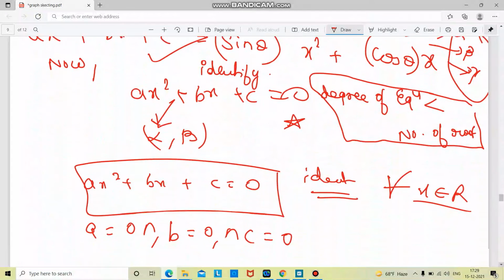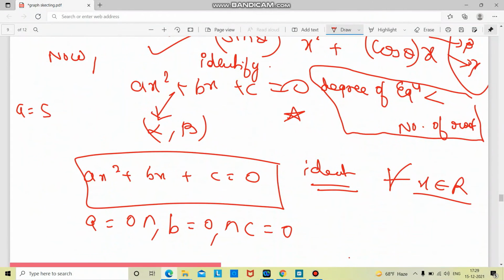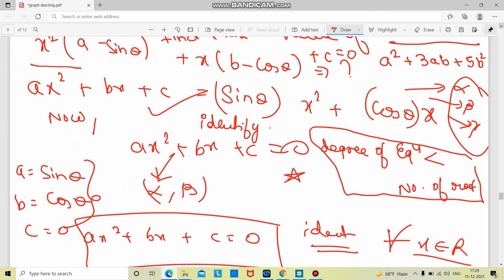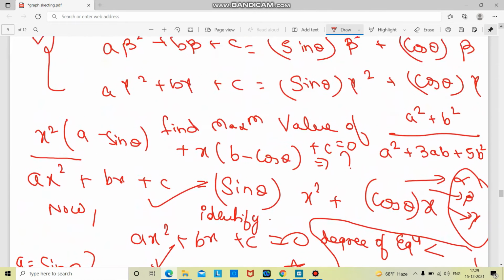So we can say that the value of a is sine theta, the value of b is cos theta, and c is 0. We get this from these three equations, taking their intersection. The three equations should hold simultaneously.